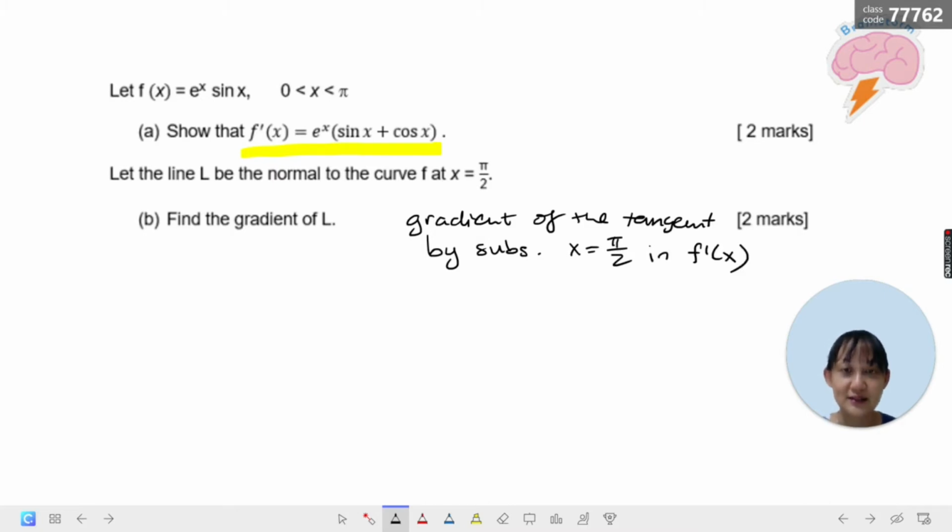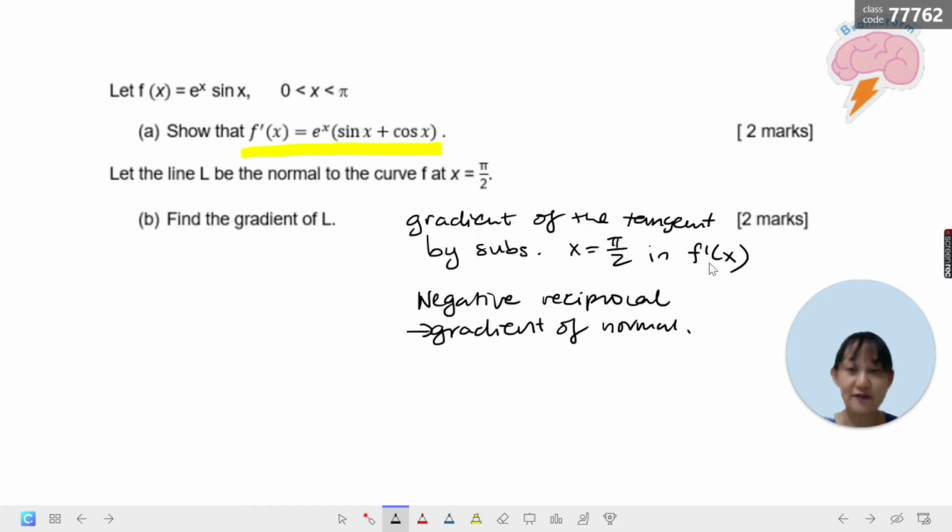After you have done that, just do a negative reciprocal to find the gradient of the normal. Such questions are very common, so do try to look out for the clues in earlier parts to solve the later parts.